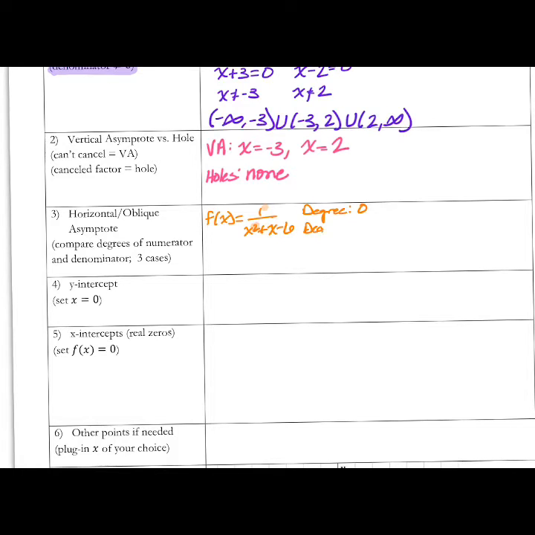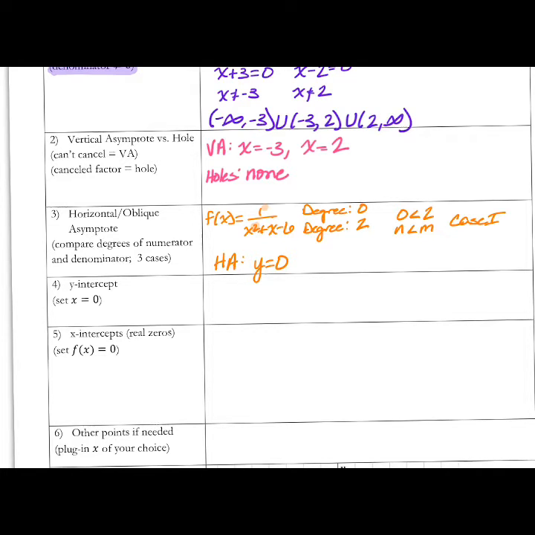And the degree of my denominator is 2. And we know that 0 is less than 2, and that means that n is less than m. So that's case 1. If you remember from last time, we had 3 cases where n is less than m, n equals m, and n is greater than m. And when n is less than m, my horizontal asymptote is y equals 0. So I have an asymptote at y equals 0.